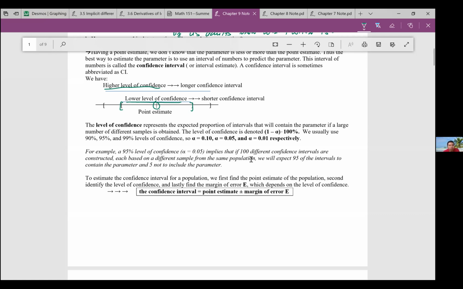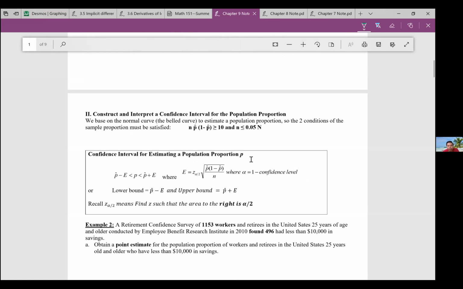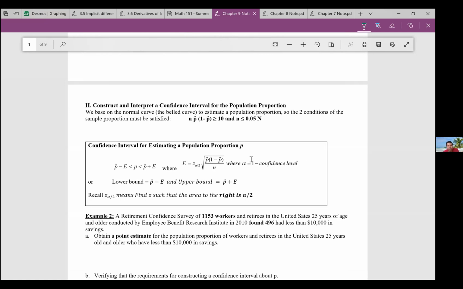All right, so chapter 9. How do we construct the confidence interval for the population proportion? Proportion will be the first thing we talk about. In order to do that, the two conditions we need to satisfy are: n times p hat times 1 minus p hat must be more than or equal to 10, and the sample selected has to be less than 5% of the population.